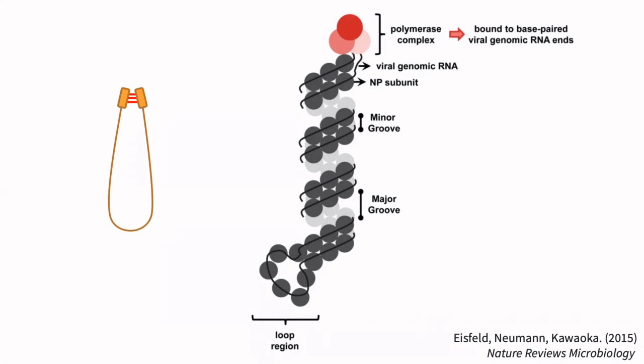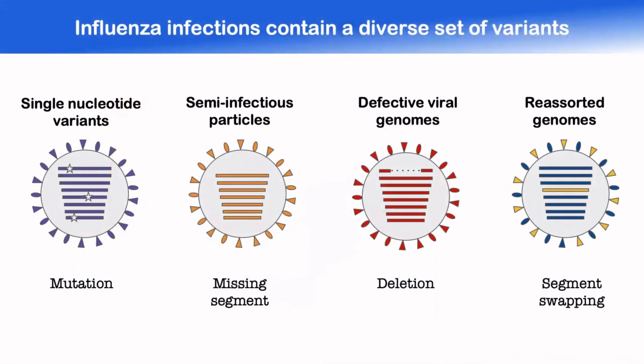When I talk about errors or variants or defective viruses, there are different types of diversity that the virus makes. Here's a crude representation of 3 types of variants. If I take you to the last one, the reassorted genomes: because flu has segments, if 2 flu viruses infect the same cell, the progeny virus can be a reassortant of the different segments.